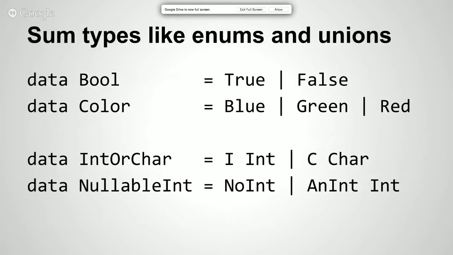So up top we have some basic enums, and then we have a union type called IntOrChar, where it's either an Int tagged with an I or a Char tagged with a C. So there's 2 constructors, I and C. One takes an Int, one takes a Char. They both live in that type. And we have data NullableInt, which either has no int or it has an int. It has the constructor AnInt and an associated Int.